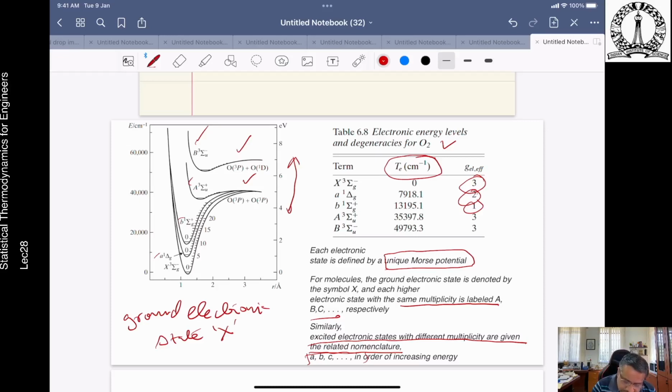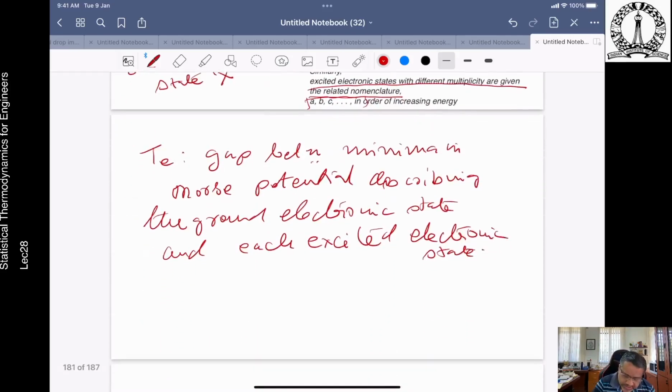This is the nomenclature that we have already established: delta, sigma, and A, B, C, we already noted what those are. But there are a couple of plus and minus signs that we see, which we will come to in a little bit. Similarly, we know what the excited electronic states of different multiplicity are given by.